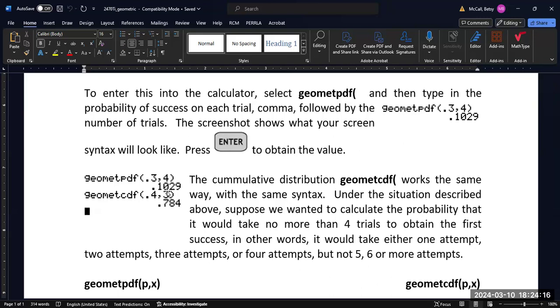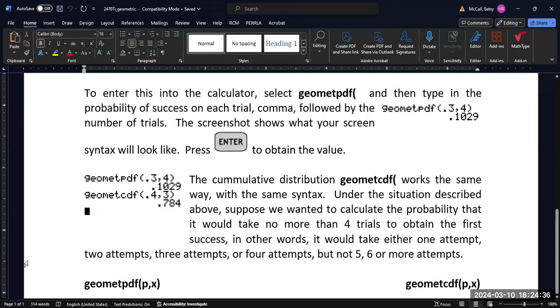Typing 0.3, 4. It's close. It should be 0.7599, not 0.784. Don't mess up your probabilities and your counts, obviously.